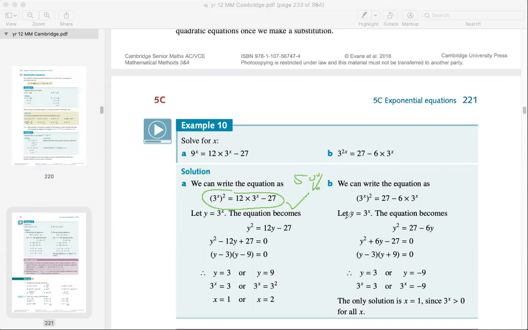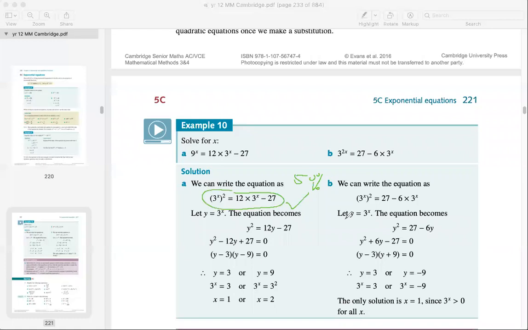But then some students are going to be stuck here. He or she will say, sir, what do I do next? And this is a pretty important connection you need to build, okay, between our exponential functions and our polynomial functions.